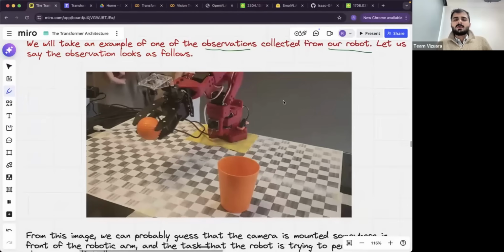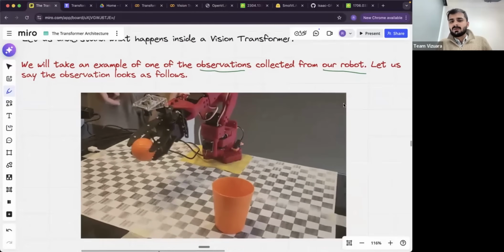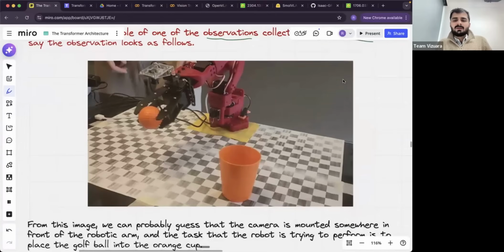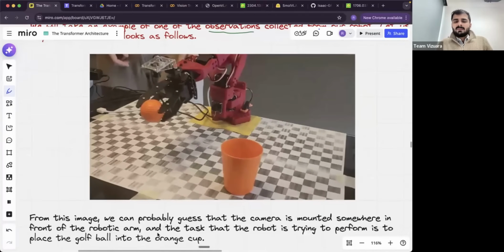Okay, let us say that this observation looks like this, which you have collected from the data. This is the image that we are working with. From this image, we can probably guess that the camera is mounted somewhere in front of the robotic arm, and the task the robot is trying to perform is to place this golf club into the orange cup. So this is the image that we have.